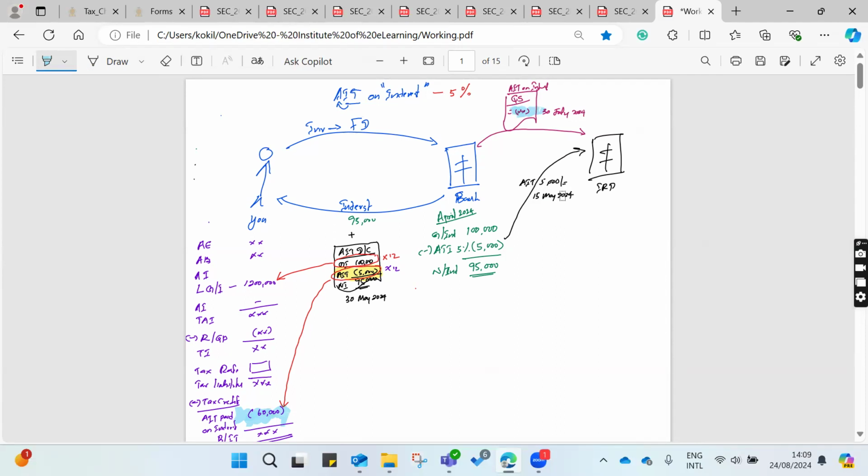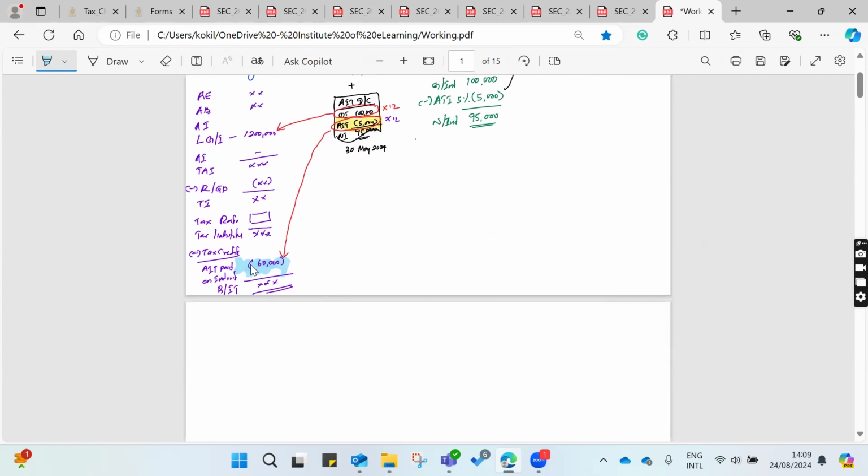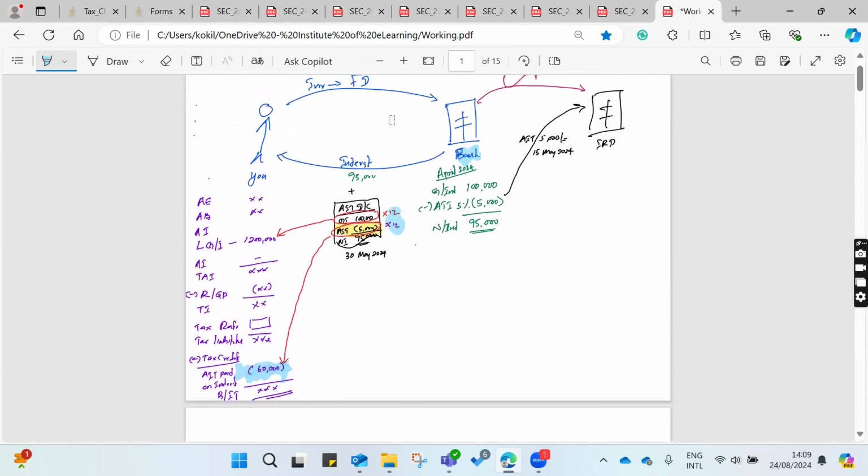Only then are you eligible to claim the credit. Otherwise you can't, as you wish. You can't fraudulently claim any credit. It should be matched with both parties. What the bank has declared to the Inland Revenue Department and what you are claiming, based on 60,000 from 12 certificates, both should be matched.